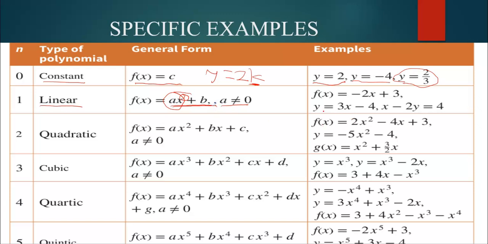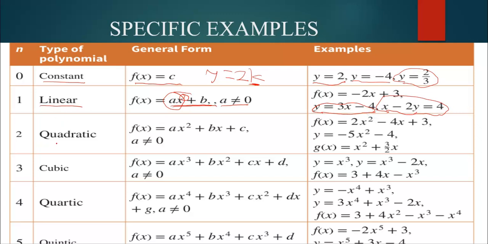This is a specific example. Likewise this. So the equation of a line: if you have come across equations of a line, all equations of lines are examples of linear polynomials.